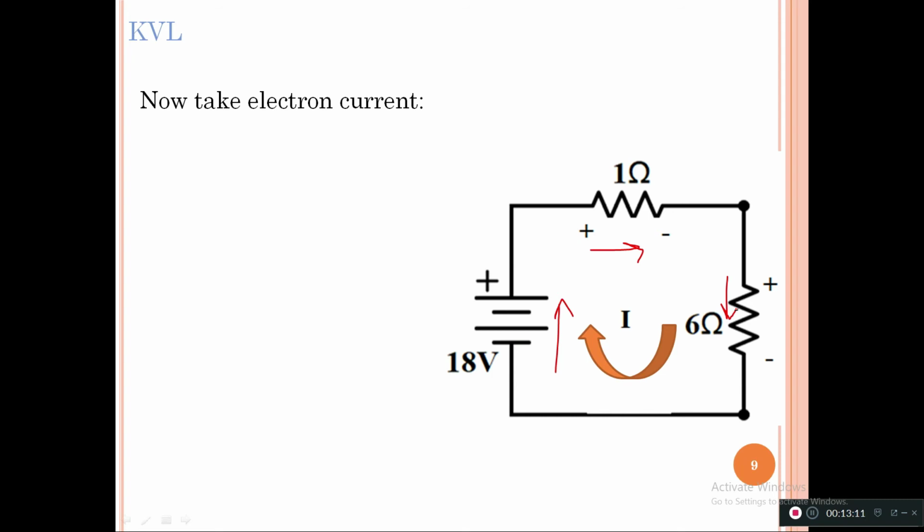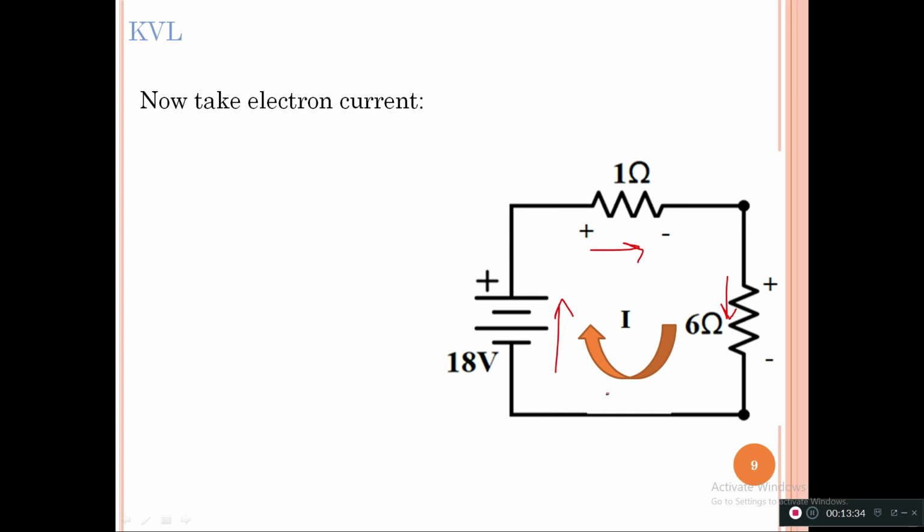Unlike the previous case where we considered the conventional current and took the current as positive when it was entering from the positive terminal, and negative when it was entering from the negative terminal, now I will change the direction. I will reverse the direction because I am talking about the electron current.